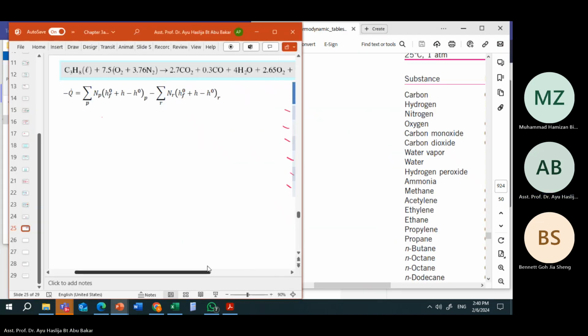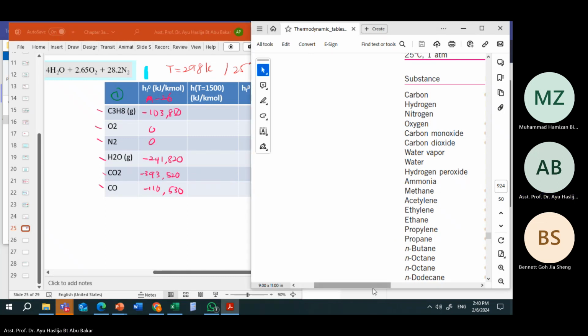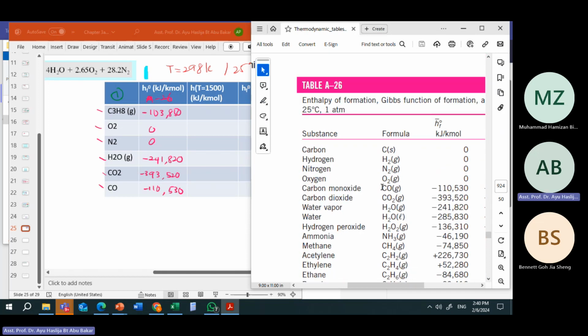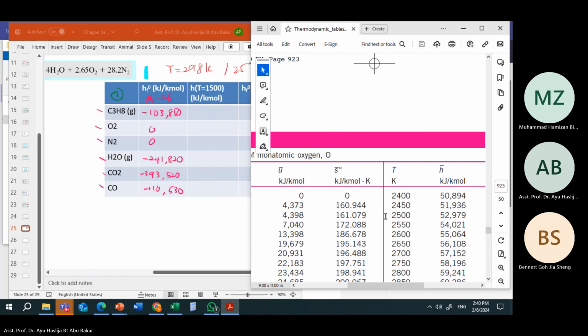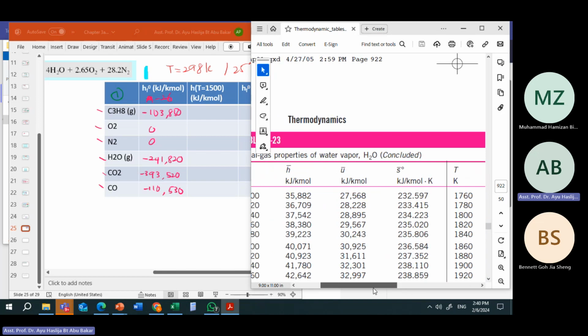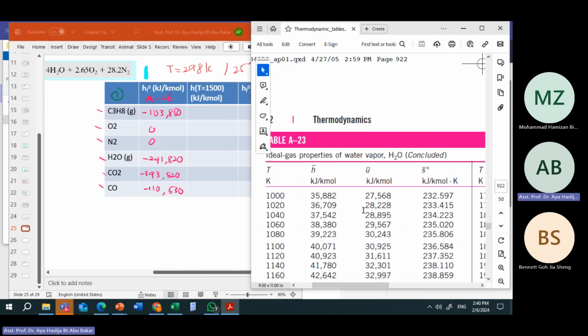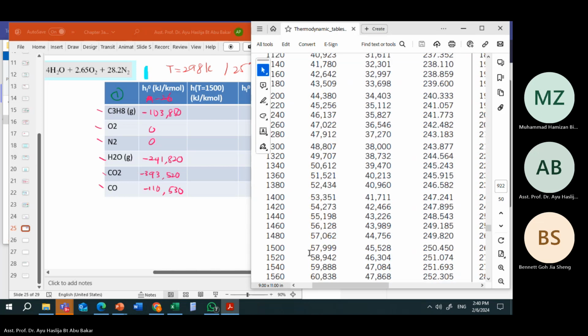Okay. So, propane memang tak ada. Okay, we look up for the O2, or H2O lah, which one you found it first. So for H2O, 1500. 57,999.